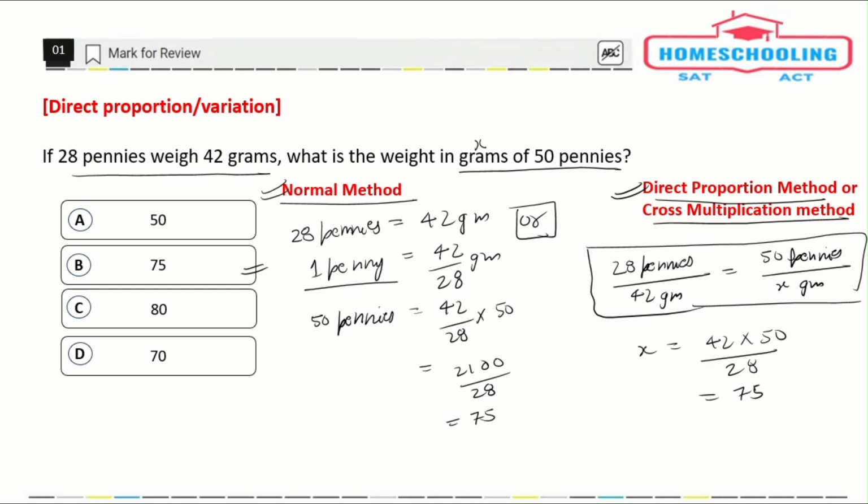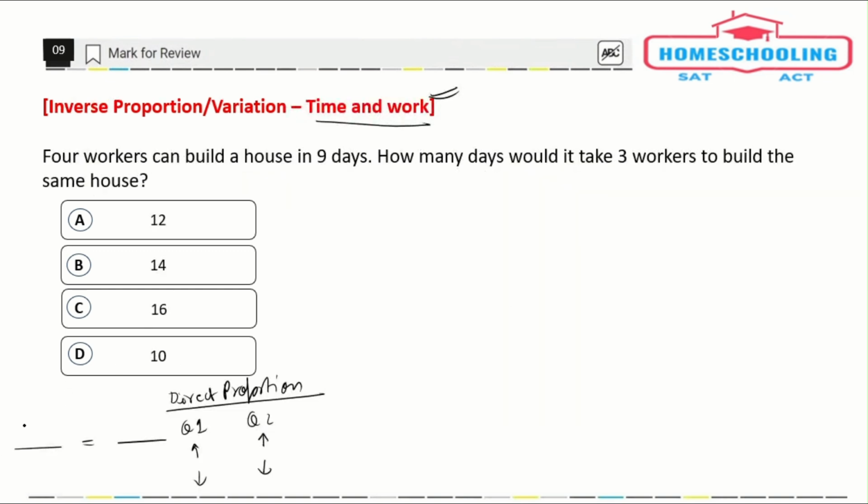Now moving back to that question, it was written as pennies divided by grams.